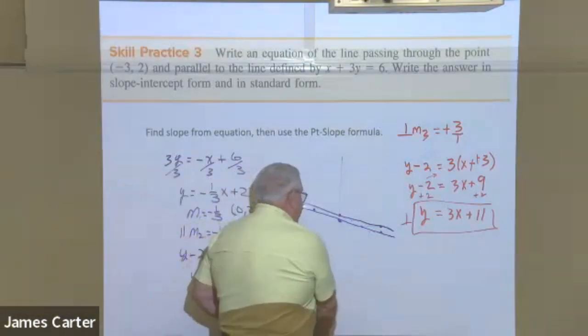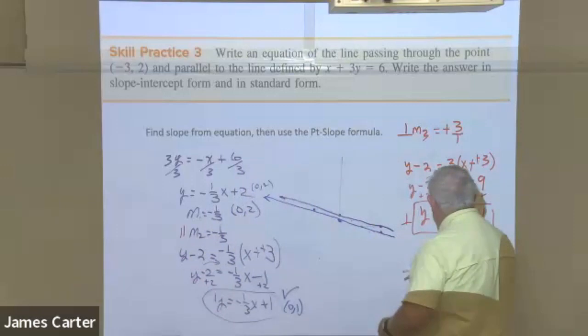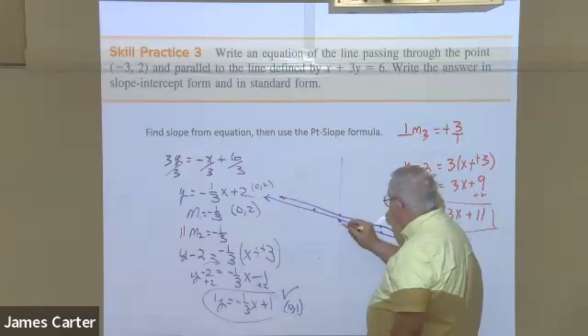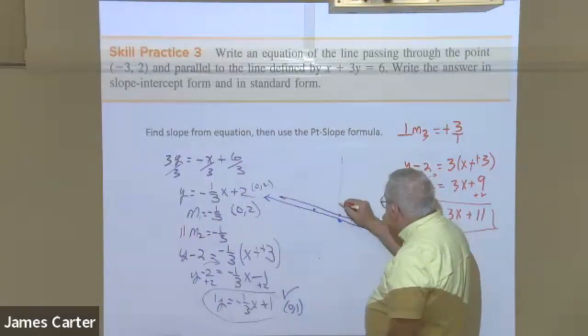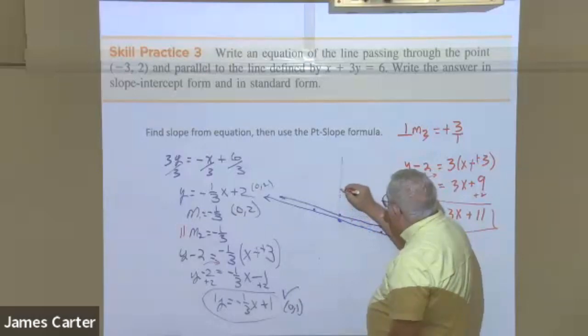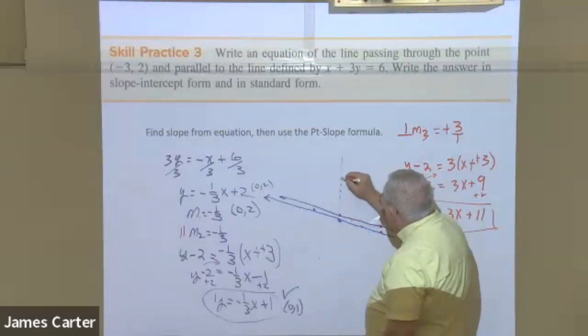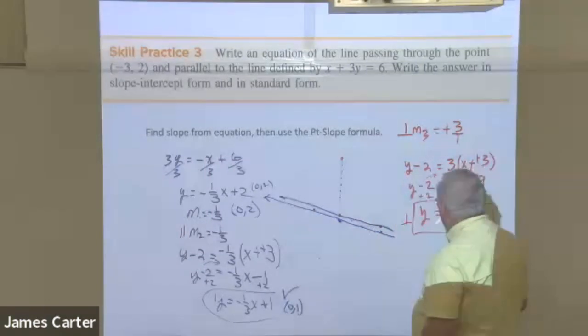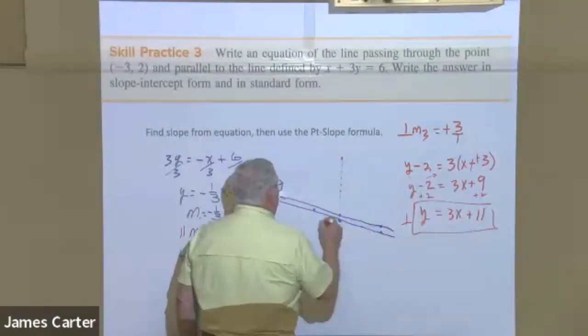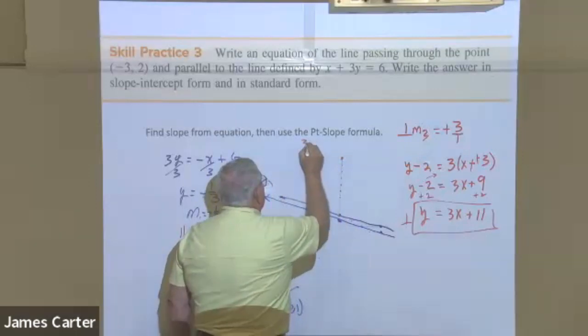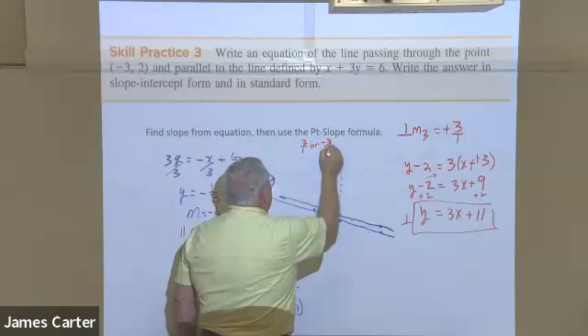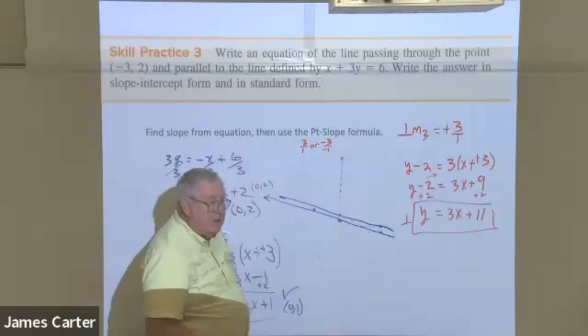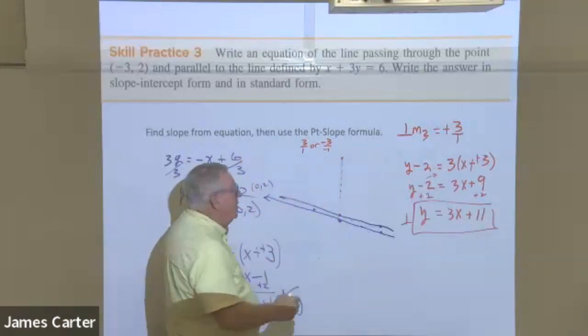Now let's consider this third one. +11. 1, 2, 3, 4, 5, 6, 8, 9, 10, 11. Okay. And slope is going to be 3/1. So if it's 3/1, it's also -3/-1, right? Which is the direction I'm going to want to go.